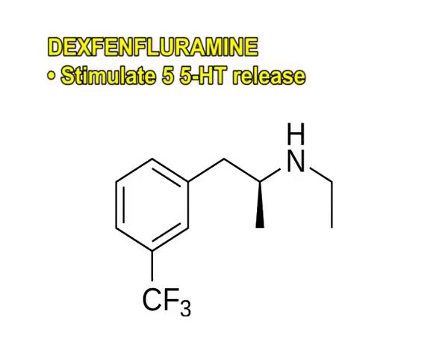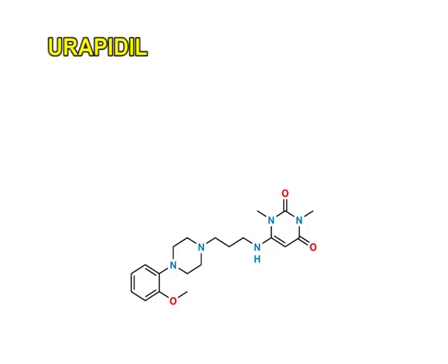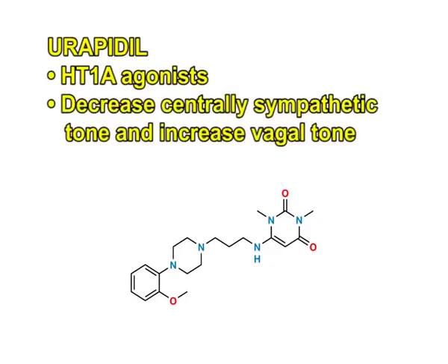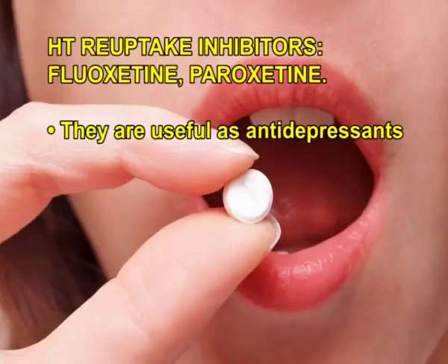Dexfenfluramine stimulates 5-HT release, an appetite suppressant. Urapidil is a 5-HT1A agonist, decreases central sympathetic tone and increases vagal tone, used to control blood pressure. 5-HT reuptake inhibitors include fluoxetine and paroxetine. They are useful as antidepressant drugs.